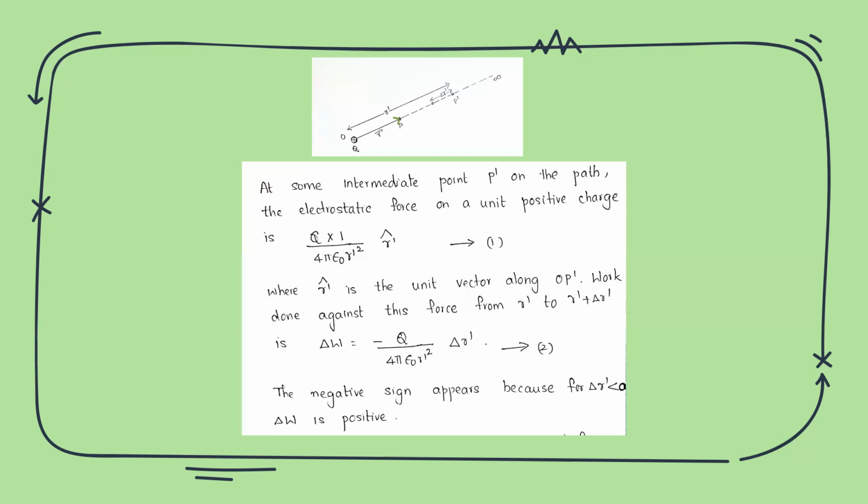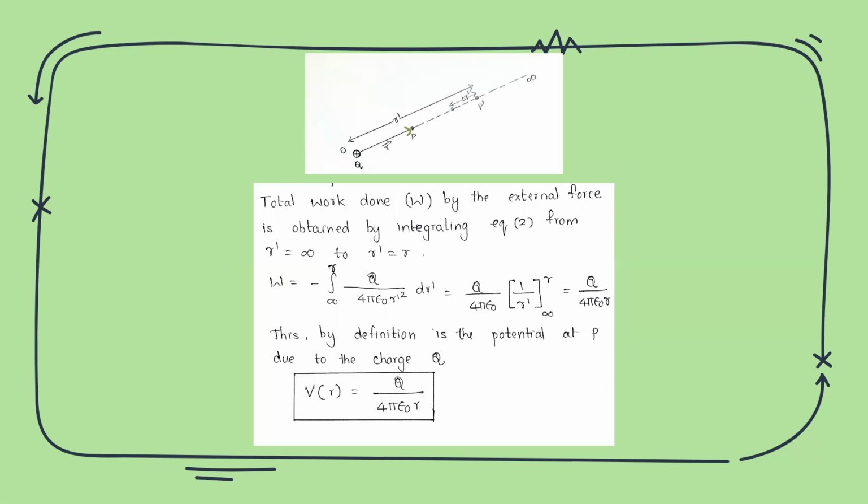That is, the amount of work done is positive. That means we are coming towards the positive charge capital Q. Therefore, we have taken delta R dash less than 0, and therefore we have kept a negative sign here.